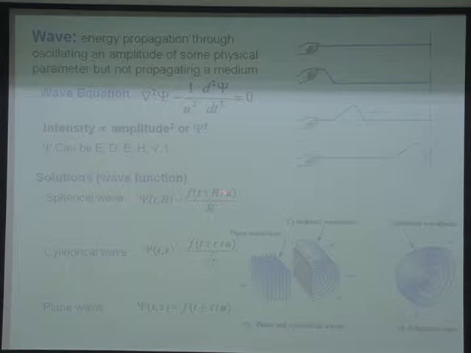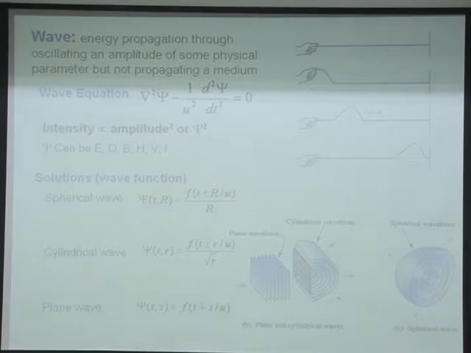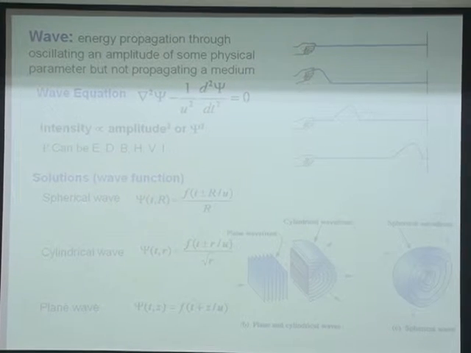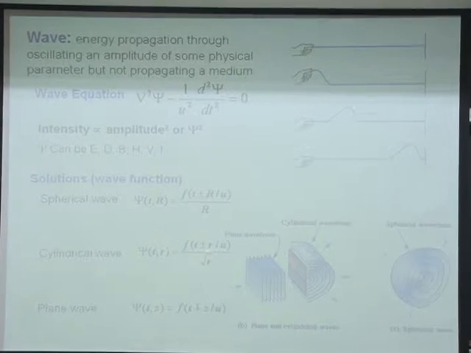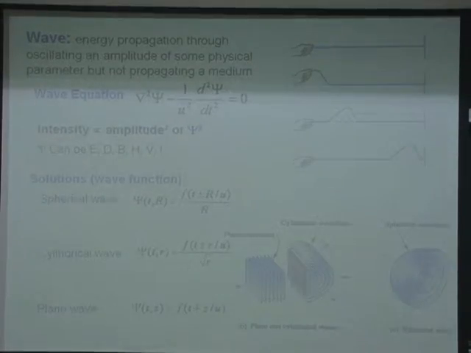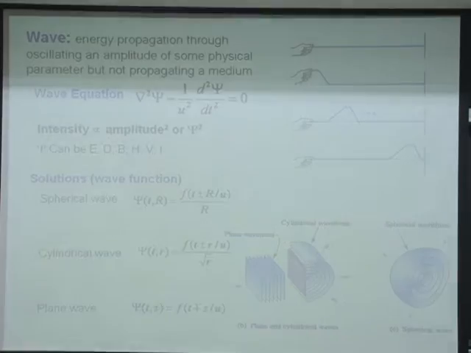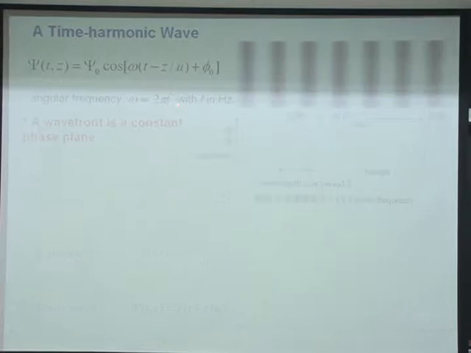Last time I explained to you why we have this expression inside the argument of this function, and proved to you that with this kind of argument, the amplitude actually propagates in space. Now, if you have a cylindrical wave, then this r is the radial position defined in the cylindrical coordinate system. Again, this u comes from the wave equation.